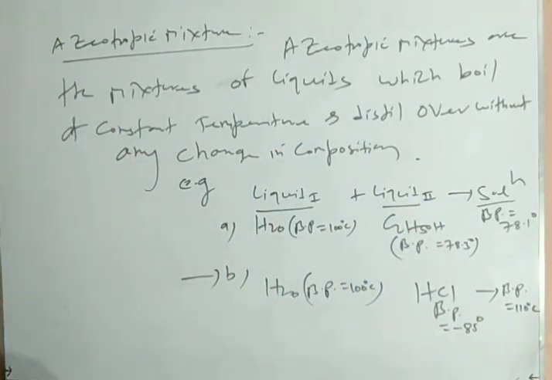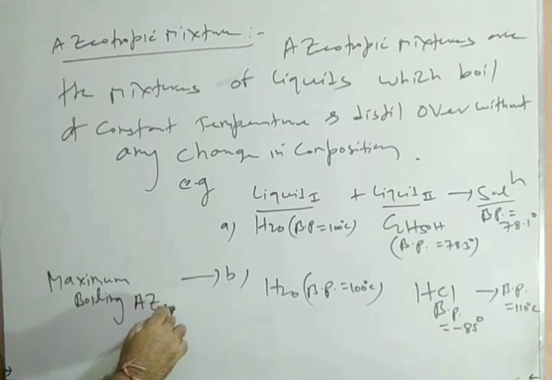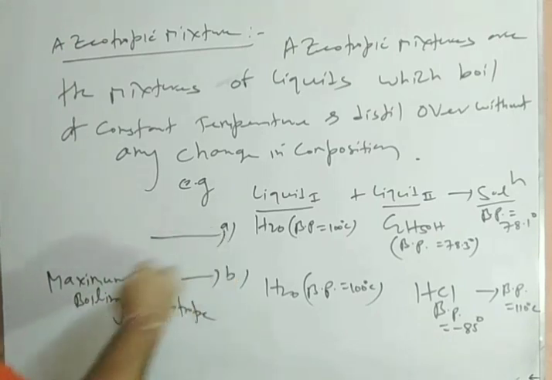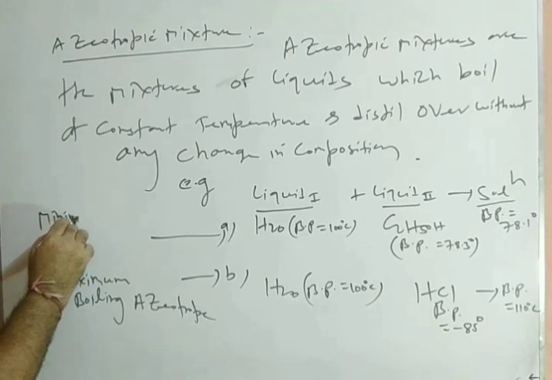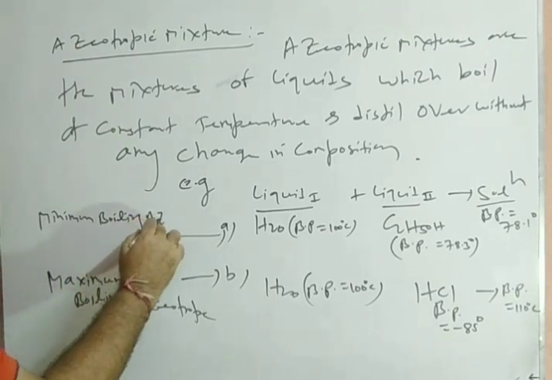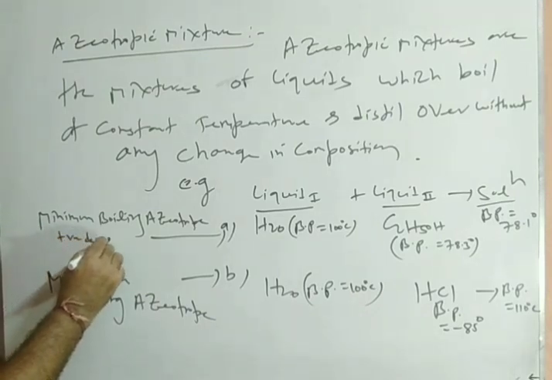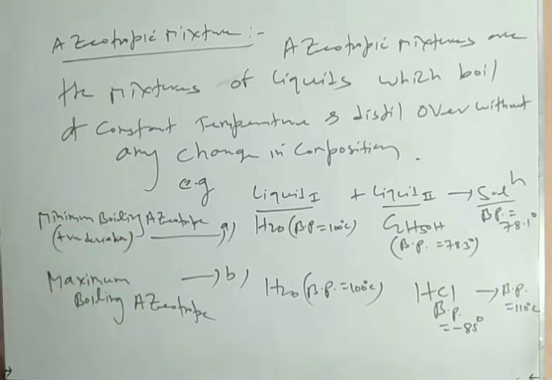This mixture is said to be maximum boiling azeotrope. This one is minimum boiling azeotrope. Minimum boiling azeotrope shows positive deviation, and maximum boiling azeotrope shows negative deviation.